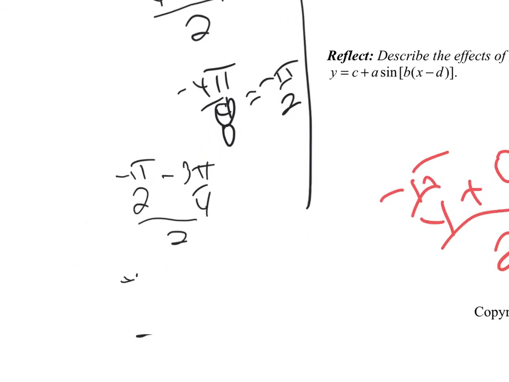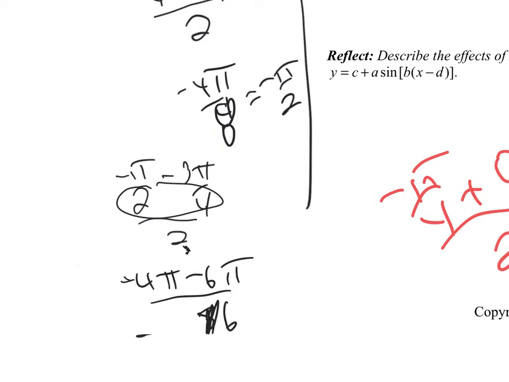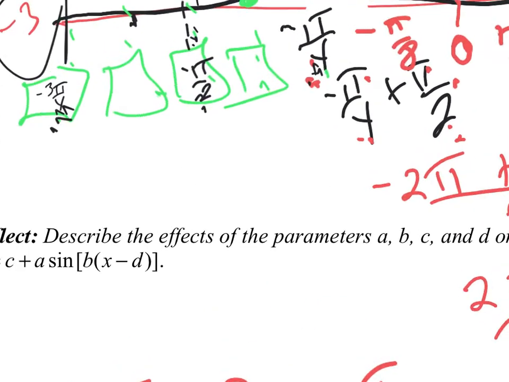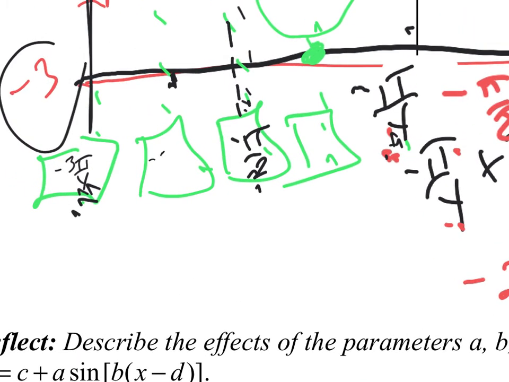That turns into a negative 4 pi minus 6 pi over 8, because that's the product of those two. But I'm doubling it, so it's really over 16. So that's negative 10 pi over 16. That's a negative 5 pi over 8. So I go over here and I write negative 5 pi over 8.